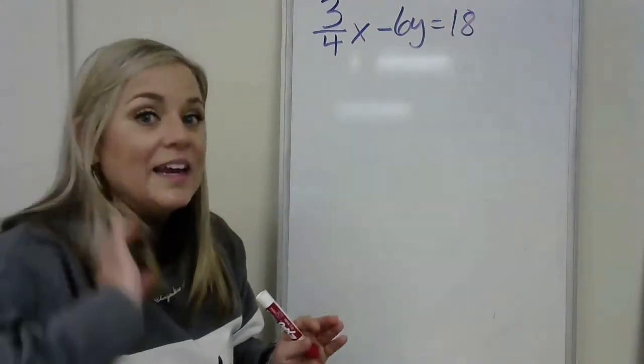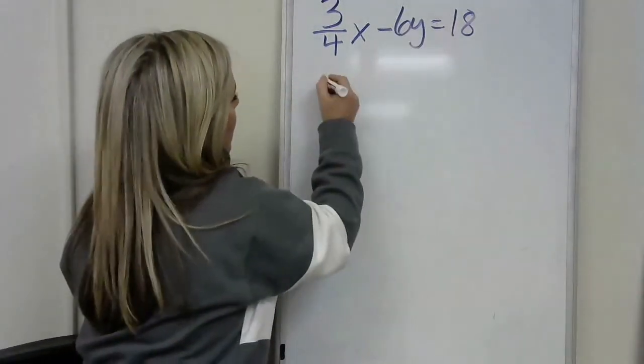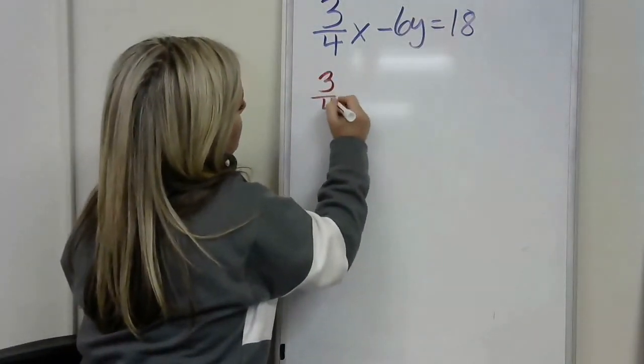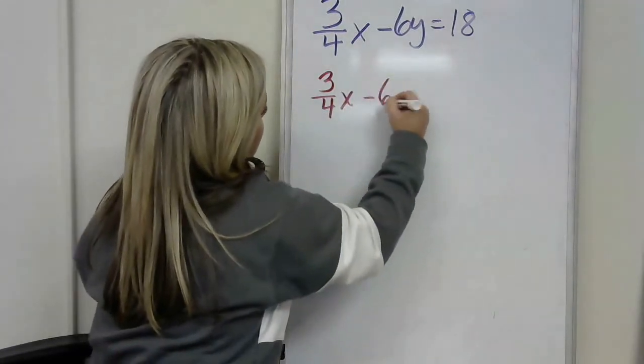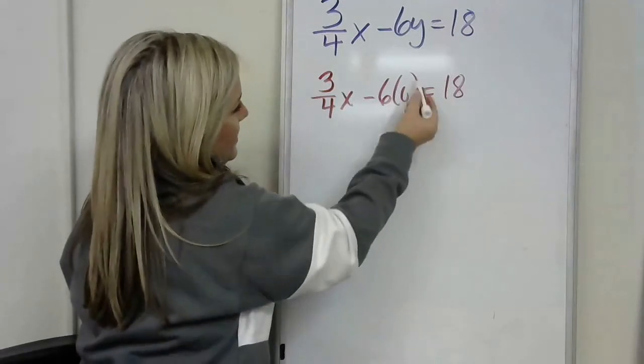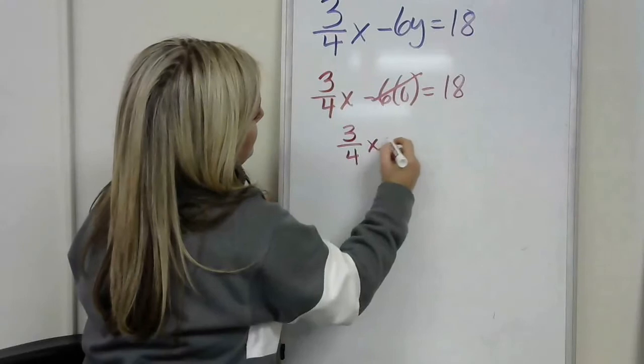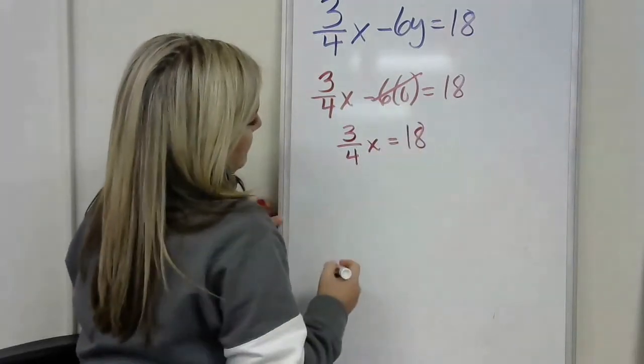Okay, so let's see, did you get this right? All right, so we're going to plug in 0 for y first. 3/4 x minus 6 times 0 equals 18. Negative 6 times 0 is 0, so now we have 3/4 x equals 18.